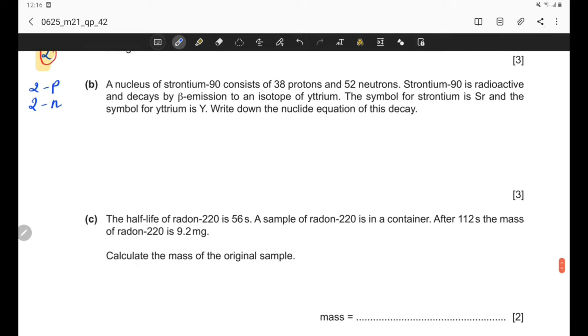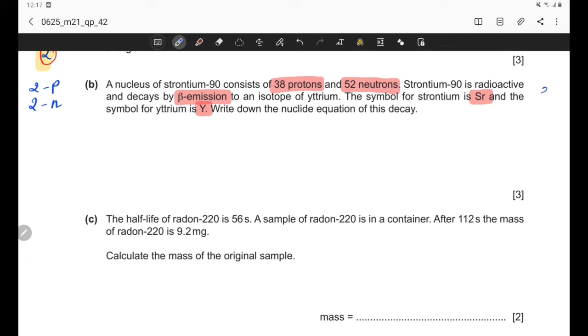Part B. A nucleus of strontium-90 consists of 38 protons and 52 neutrons. Strontium-90 is radioactive and decays by beta emission to an isotope of yttrium. The symbol for strontium is Sr and the symbol for yttrium is Y. Write down the nuclide equation for this decay.